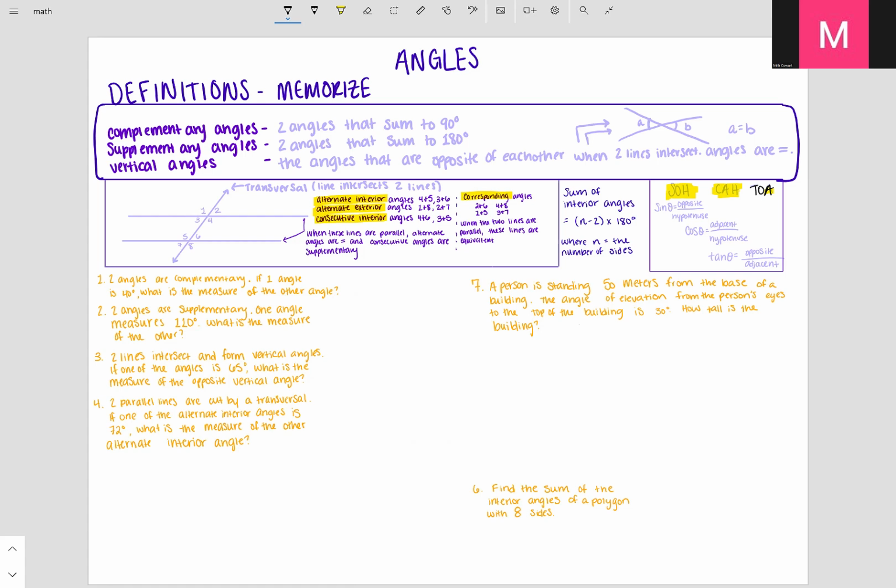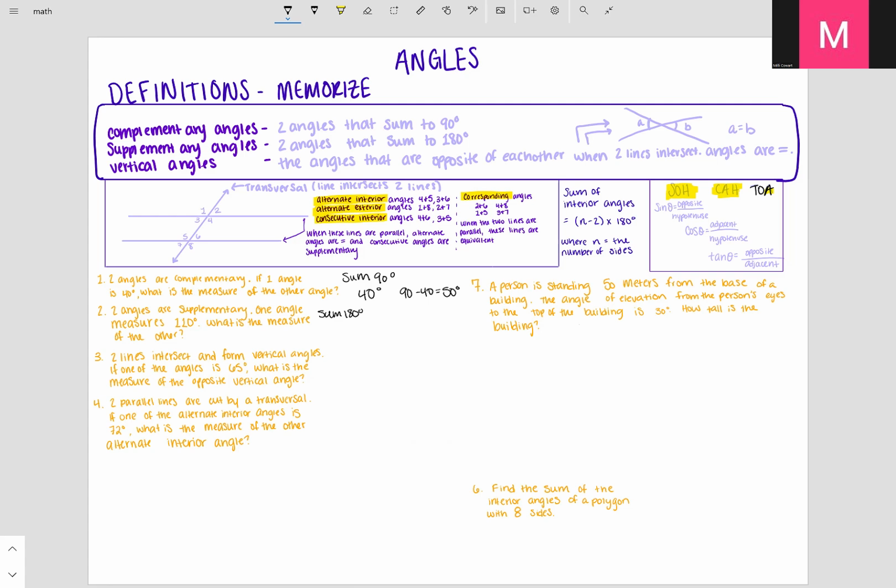Okay, so going to the questions, we have number 1. Two angles are complementary. Complementary means they sum to 90 degrees. If one angle is 40 degrees, what is the measure of the other angle? So we have 90 minus 40 equals 50 degrees. Next, two angles are supplementary, which means they sum to 180 degrees.